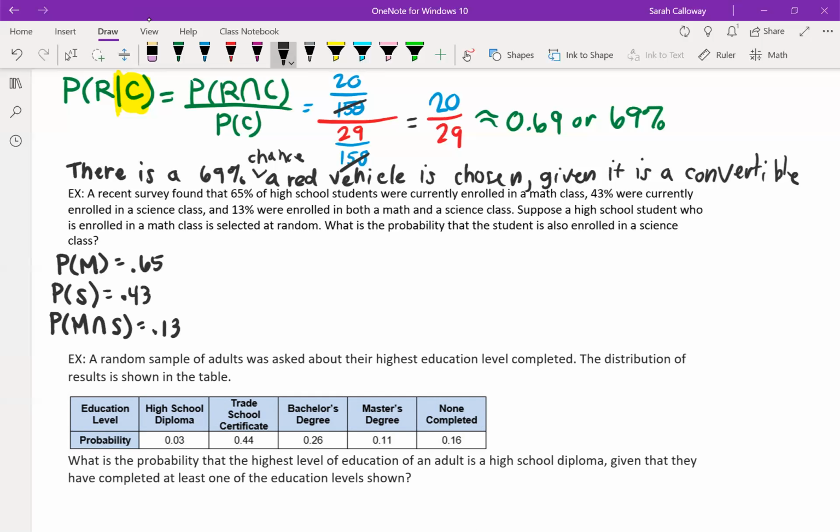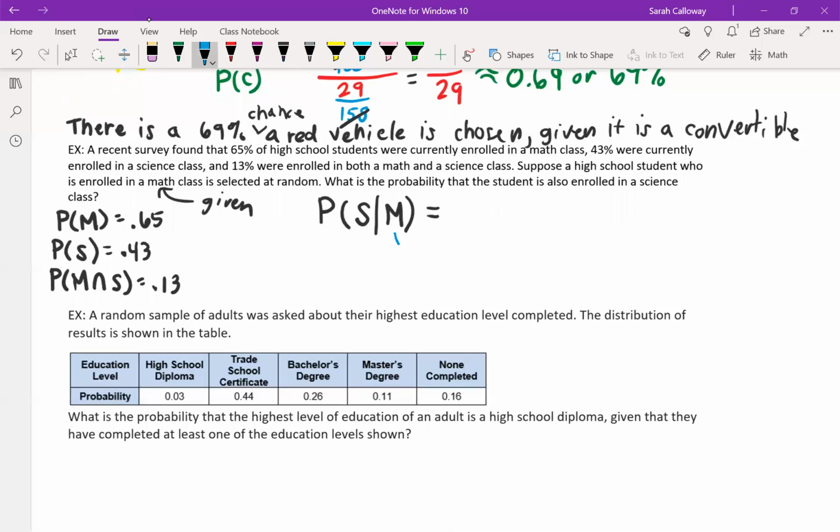Suppose a high school student who is enrolled in a math class is selected at random. That means that we're given the math class. What is the probability that the student is also enrolled in a science class? What this question is asking is, what is the probability that a student is enrolled in a science class given we know they're already enrolled in a math class? Thinking back to the formulas, the probability of math is going to be in our denominator.